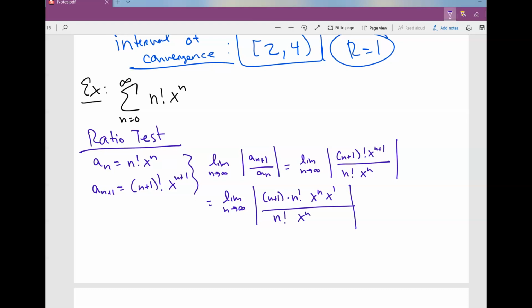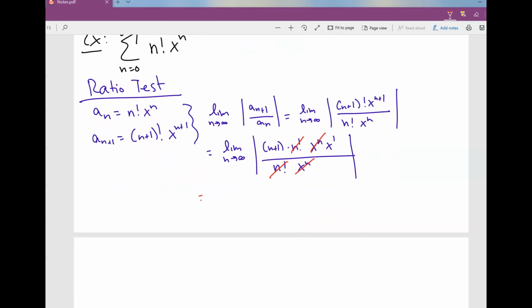Notice that the x to the n's go away, and the n factorials go away. You're just left with the limit as n goes to infinity of the absolute value of n plus 1 times x.